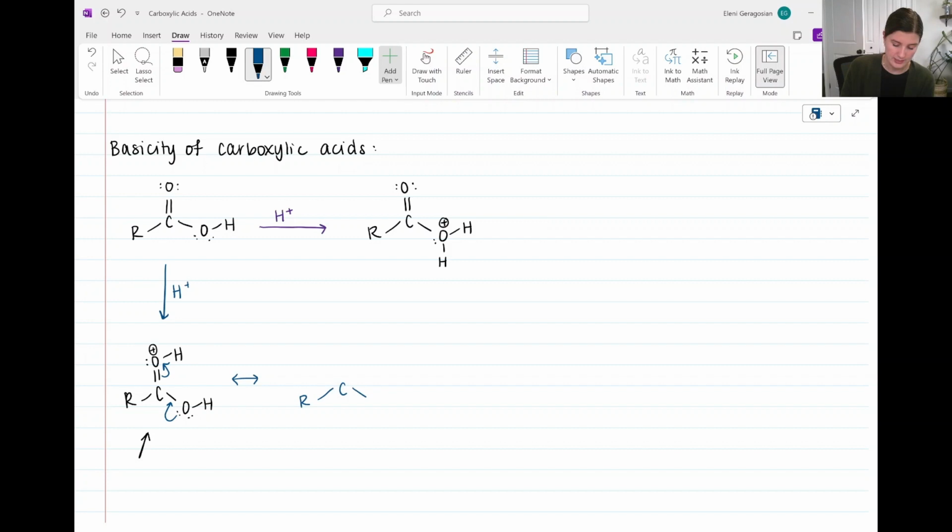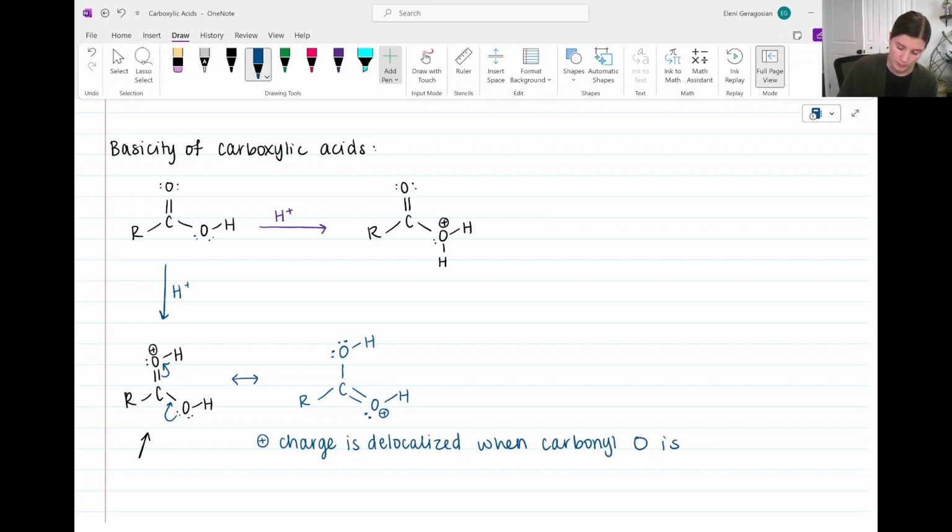And so in the resonance structure, our carbonyl oxygen is now neutral, and the OH group oxygen, the oxygen that was originally the OH group, now has that positive charge. So this positive charge is delocalized when the carbonyl oxygen is protonated.